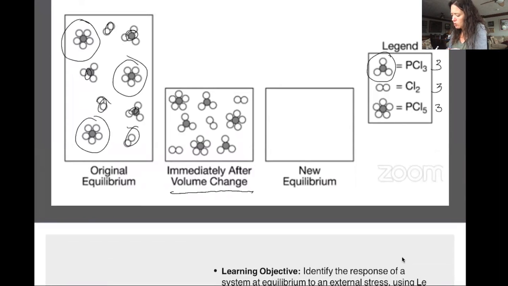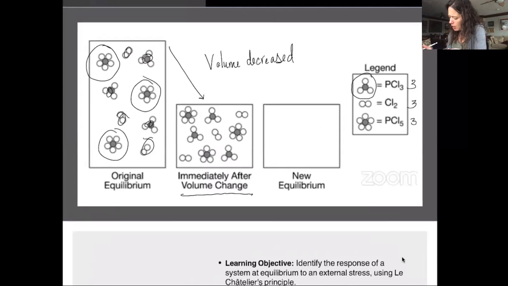Immediately after volume change, okay, so the volume was cut in half, volume decreased. Where's the new equilibrium? I don't see anything there, but I would imagine I would need to see a chemical equation. I'm a little confused of what I'm supposed to do here. If you have an idea, I would in the pre-sheet.